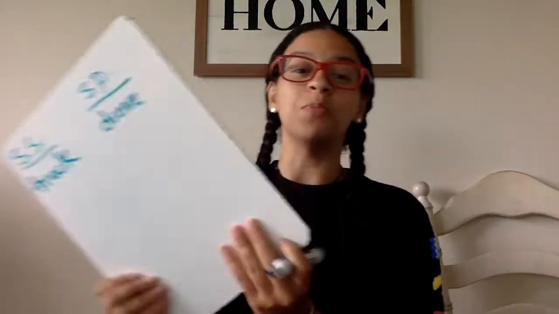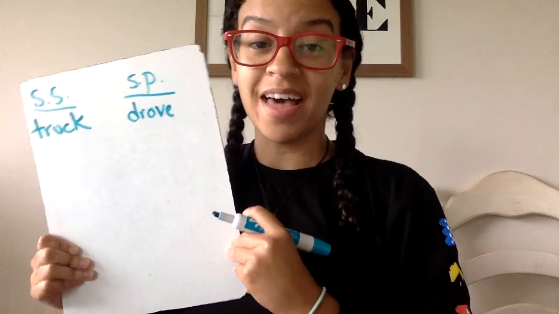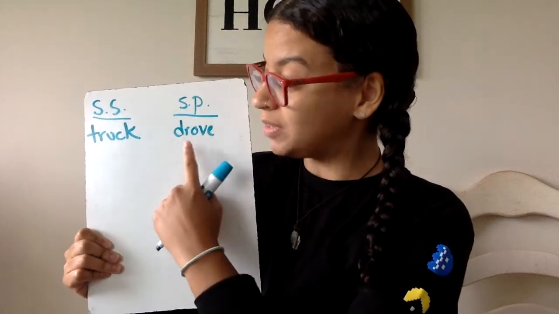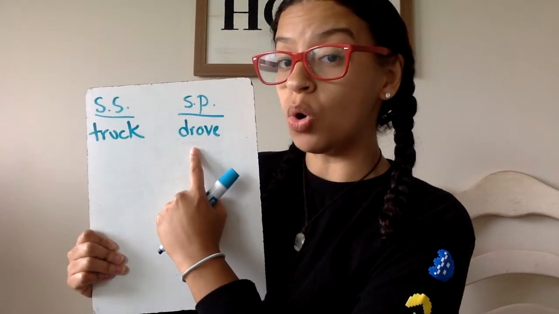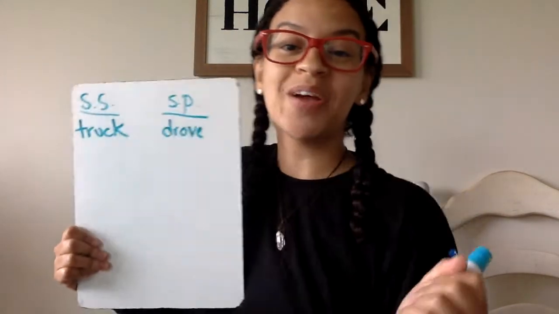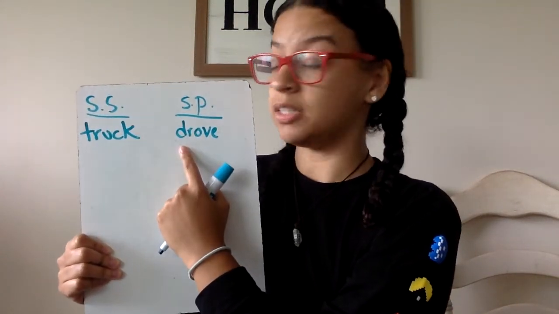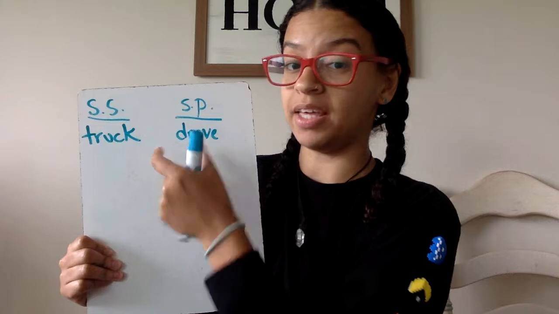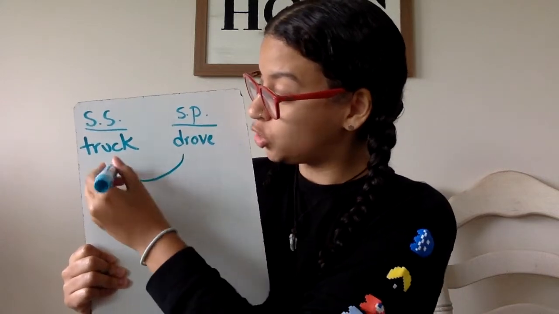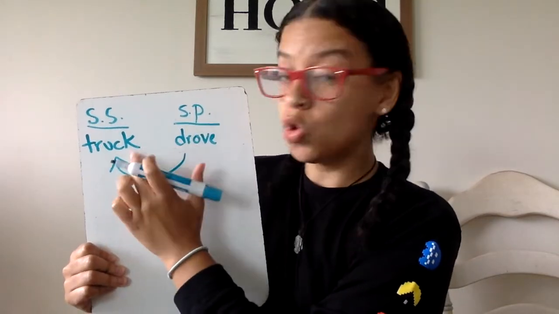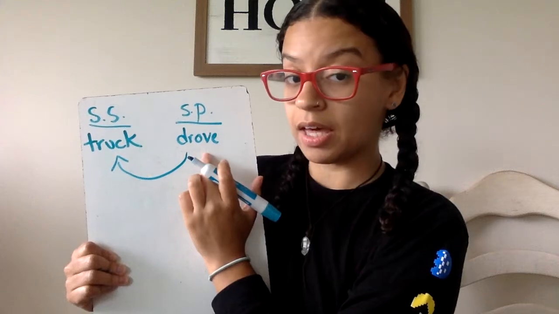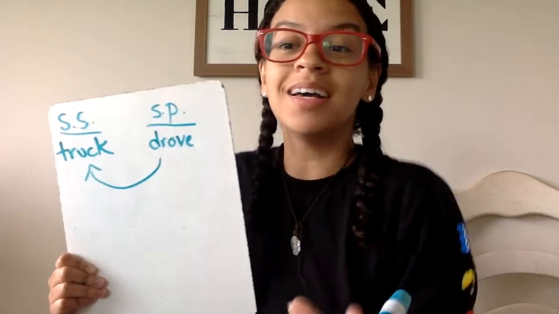Alrighty, friends. So if you said that the action that was happening was drove, I said I'll give your brain a kiss. Mwah. Drove is the action, the simple predicate. If you said that the truck is who or what was driving, I said I'll give your brain a kiss.